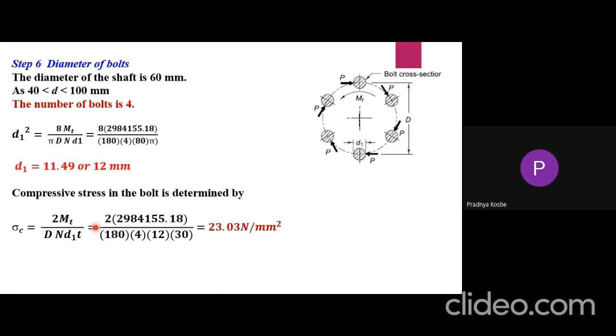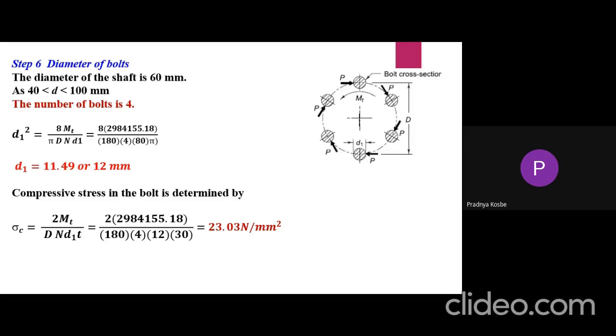Area will be d1 into thickness into number of bolts and pitch circle diameter of the bolt.